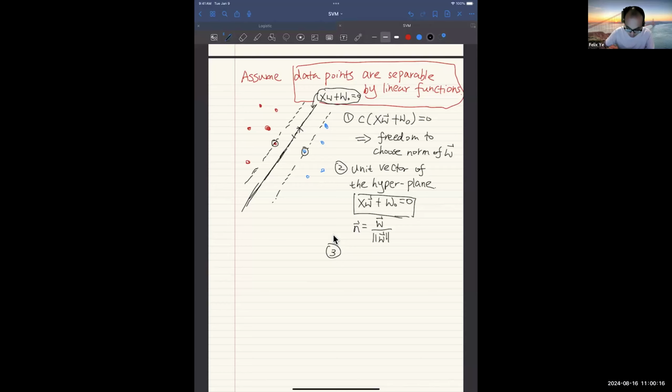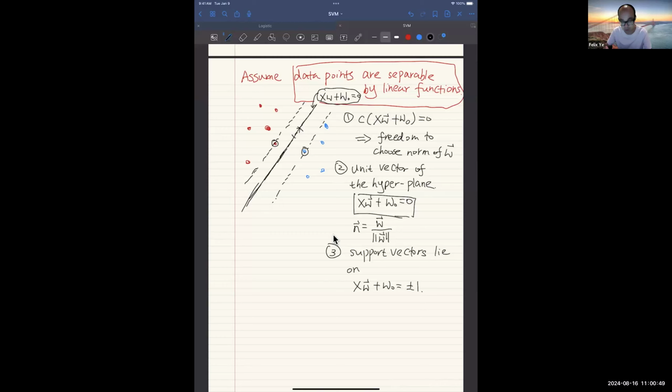So we can assume these support vectors lie on the hyperplane of x times w plus w0 equal to plus and minus 1.